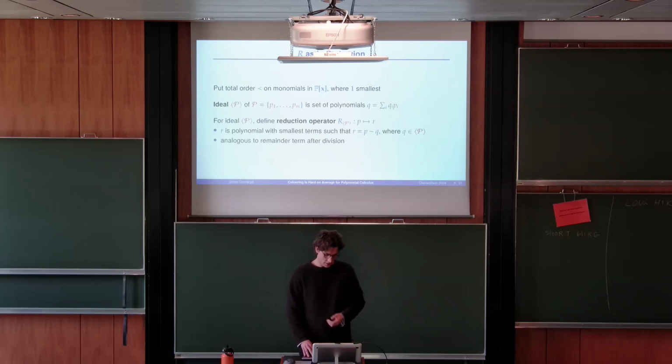Then for a given ideal, you can define what's called the reduction operator with regard to this ideal. It takes a polynomial to another polynomial, where the image of the operator is the polynomial with the smallest terms, such that you can write it as your original polynomial minus something in the ideal you're reducing by. It's sort of like the polynomial analog to the remainder term that you get when dividing two numbers.